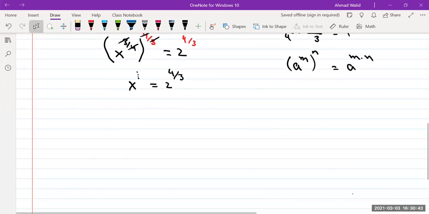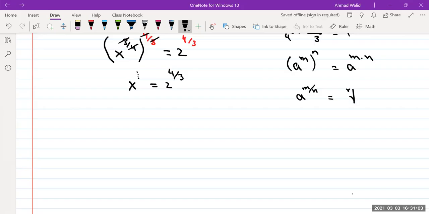Last step that I want to discuss here, what you can do here, just raise 2 to the power of 4/3. How? I explained to you already. a to the power of m over n, you want to write it as a radical, in radical form. It will be the n-th root of a, all to the power of m, or maybe m here under the radical.